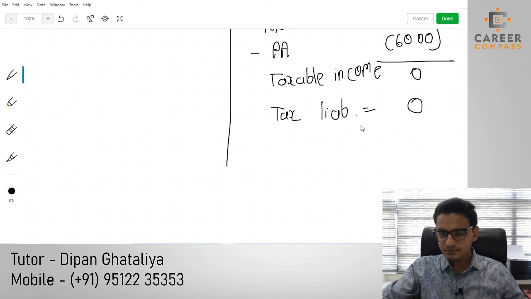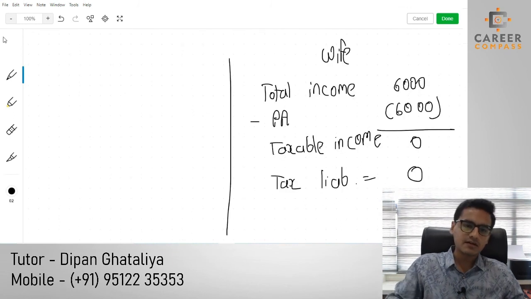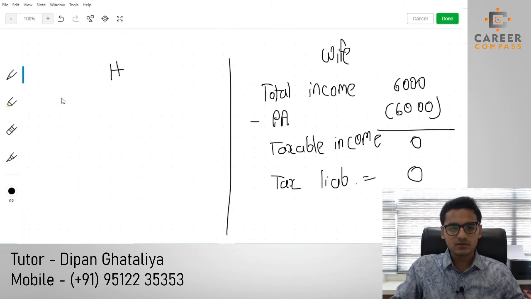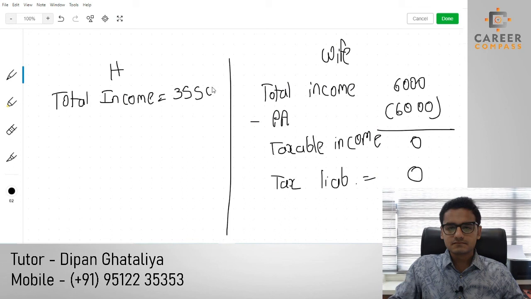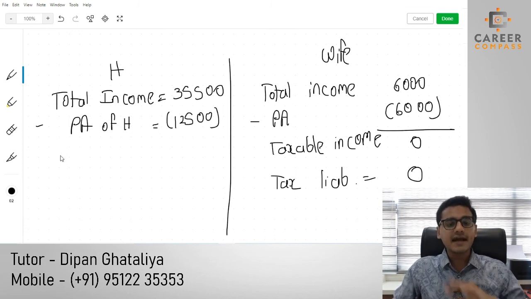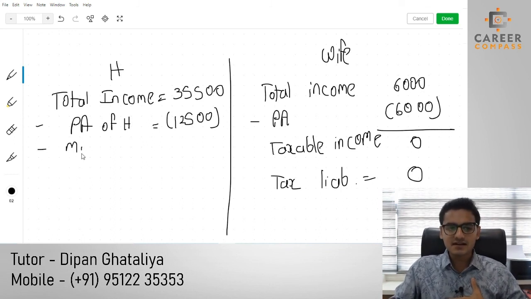Okay, now let's talk about the husband. First of all, the total income of the husband is 35,500. Then we are going to deduct the personal allowance of the husband, and that is 12,500. I wish that HMRC allowed me to deduct marriage allowance over here.